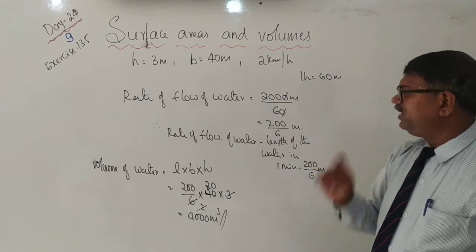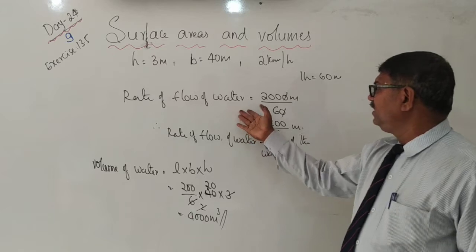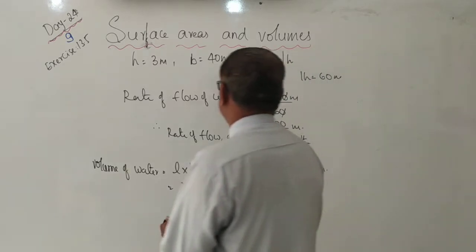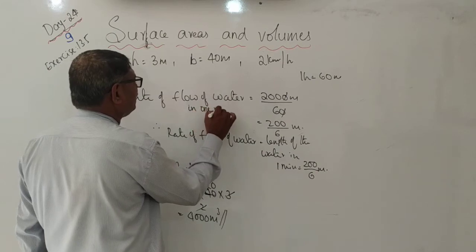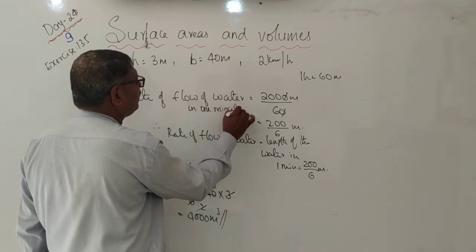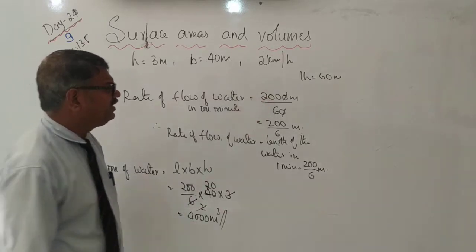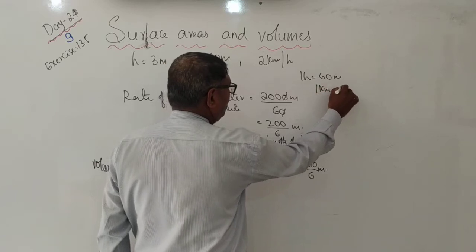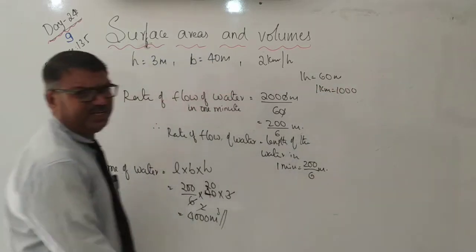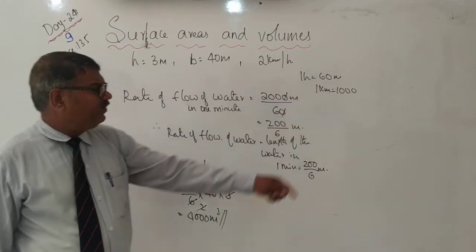First we find the rate of flow of water in 1 minute, which is 2000 meters by 60 minutes, since 1 kilometer is 1000 meters and 1 hour is 60 minutes.